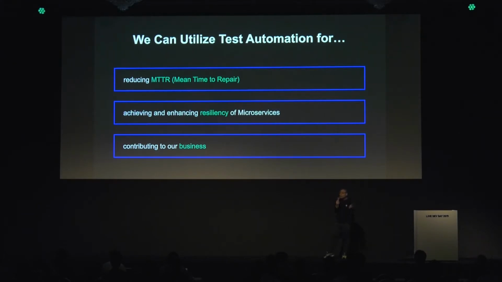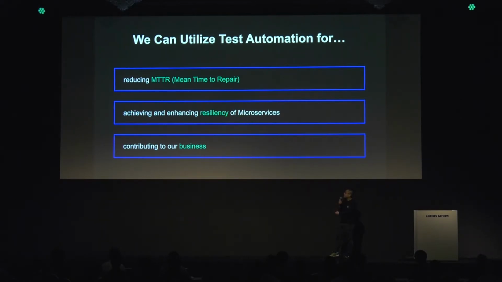And on top of that, throughout this session and also in our daily activities, we are using automation of tests from these three perspectives. First is reducing MTTR. MTTR is short for mean time to repair. This is the time from when the failure occurs until it is repaired, and reducing this time is very good.